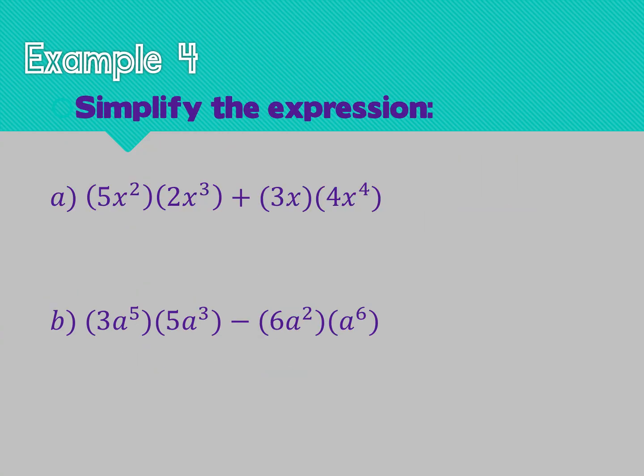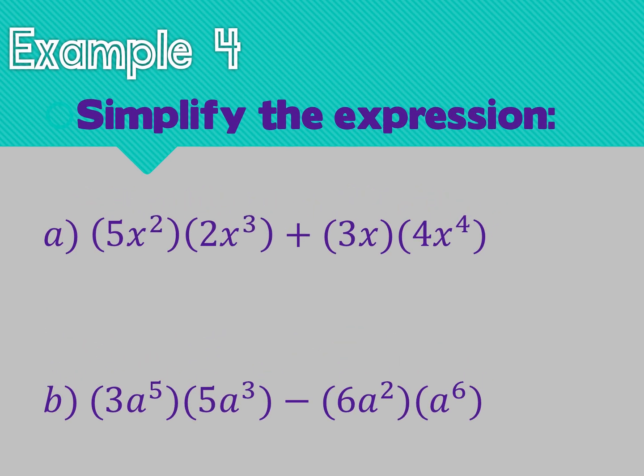Now some more expressions to simplify. Once the expressions get bigger, do one thing at a time. Do your order of operations. You're going to do multiplication first before you do any addition or subtraction. So let's look here. I'm going to multiply 5 times 2 to get me 10, and x squared and x cubed to get me x to the 5th.